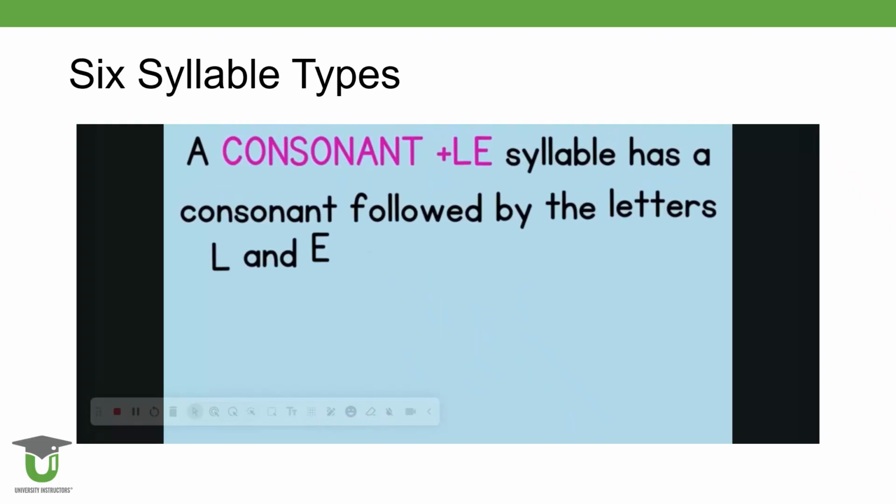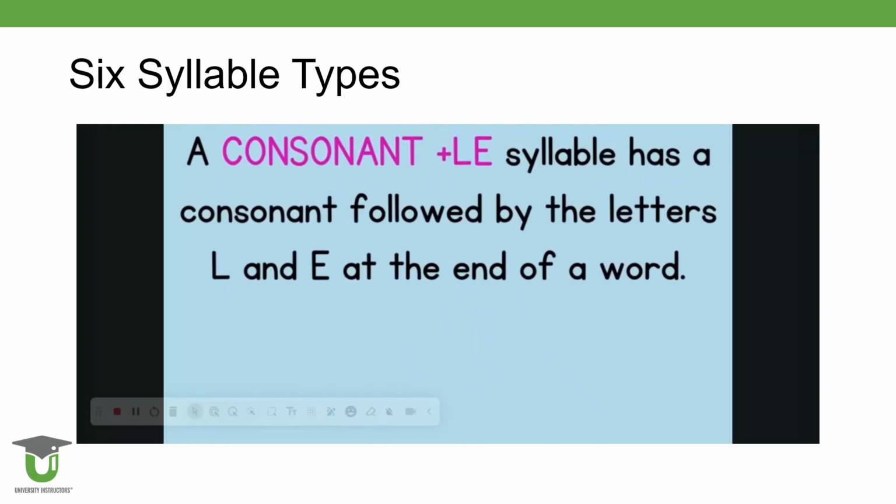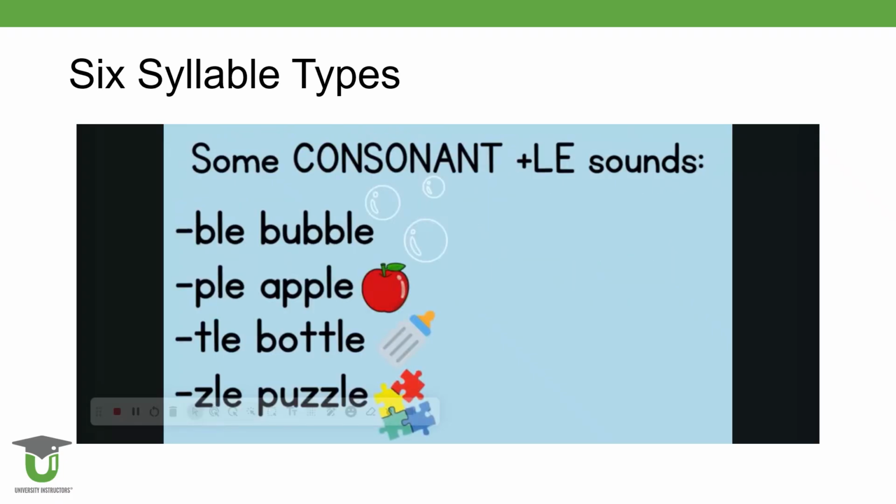The final type of syllable is a consonant LE. A consonant LE syllable has a consonant followed by the letters L and E at the end of a word. Here are some consonant LE endings. Bull, like in bubble, pull, like in apple, tull, like in bottle, and zul, like in puzzle.